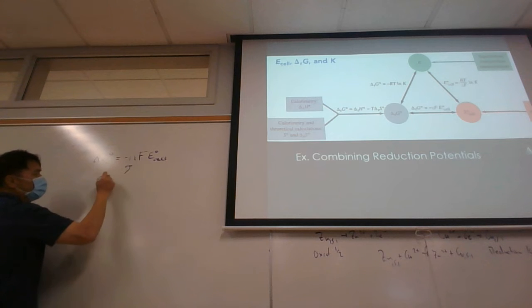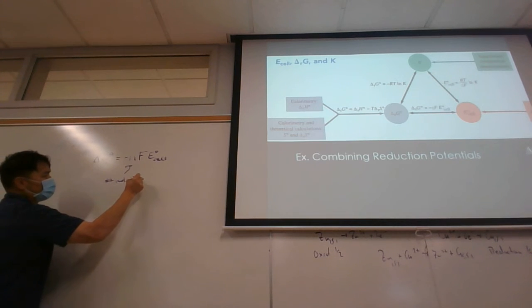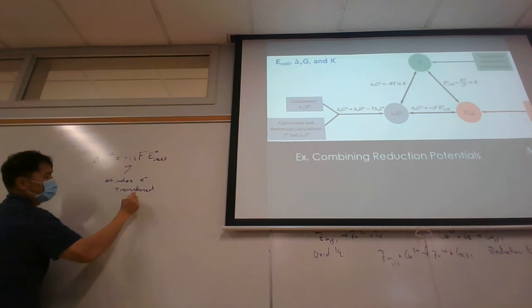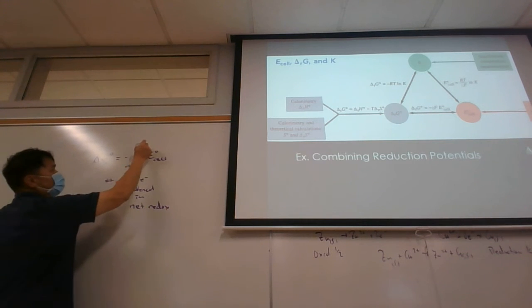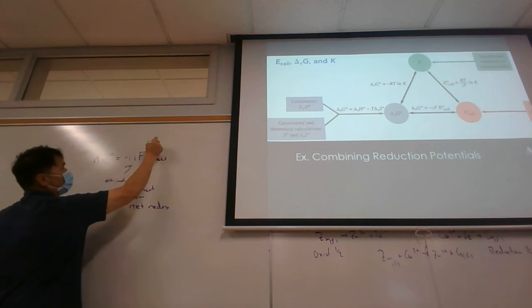So N is the number of electrons, number of moles of electrons transferred in the balanced net reaction. F is the Faraday constant.